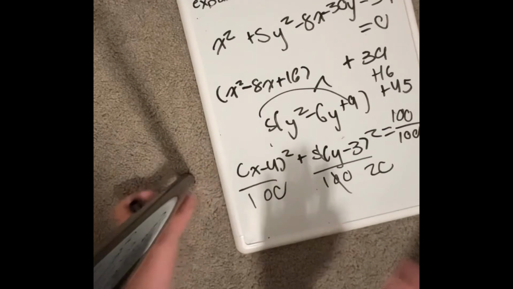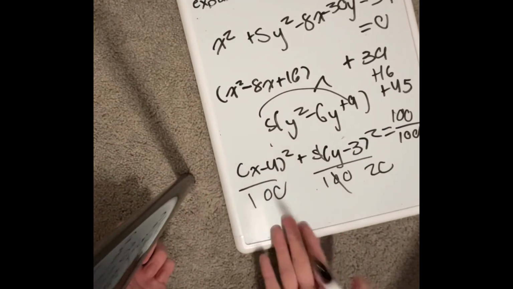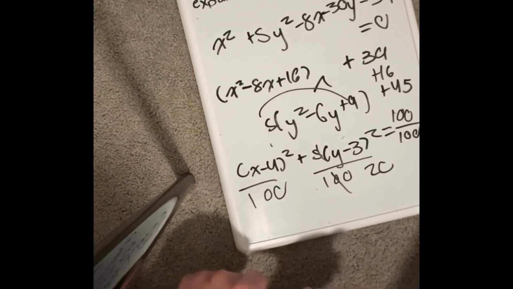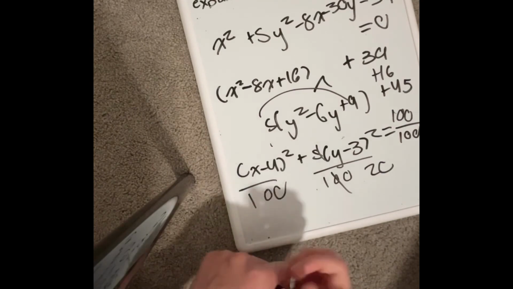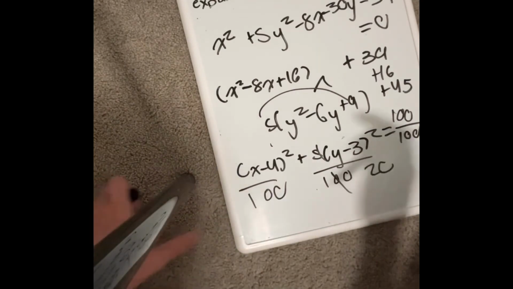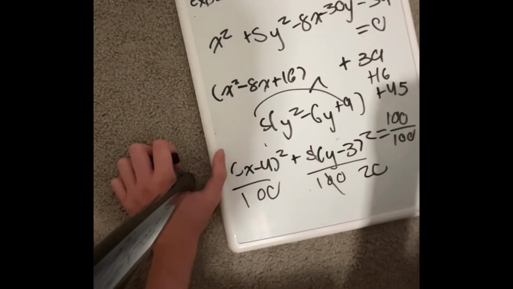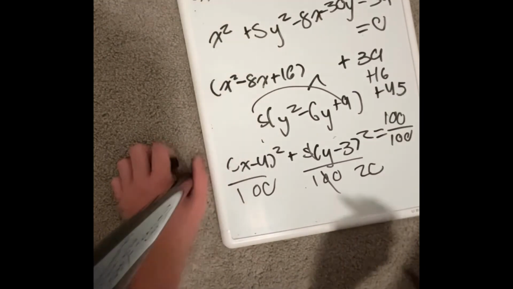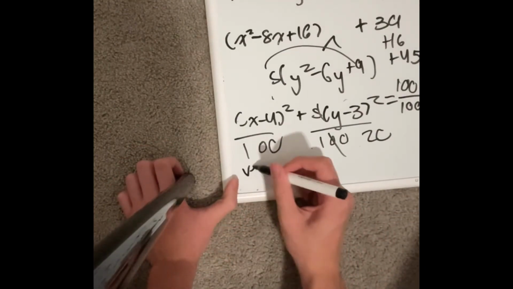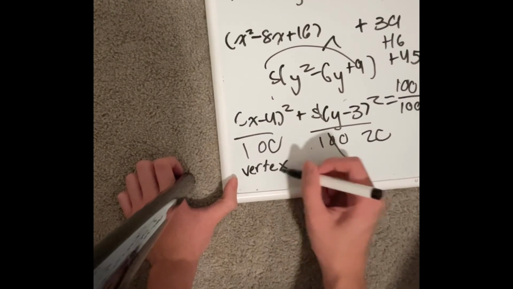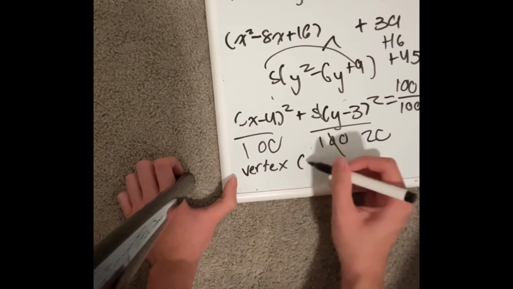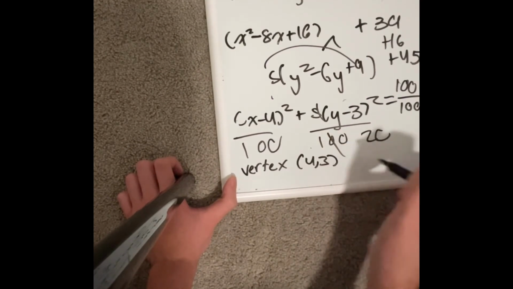And that is how you do it, by completing the square. From this we can find out that the vertex is 4 and 3.